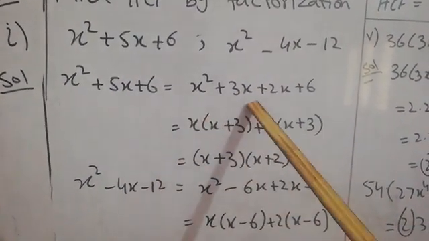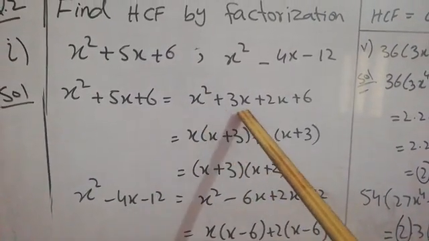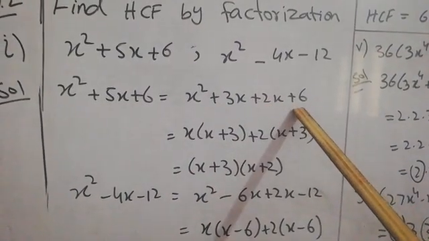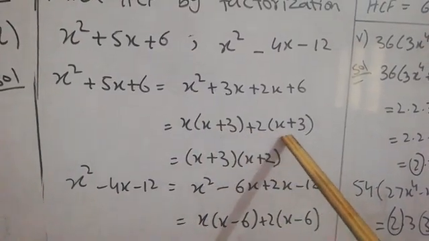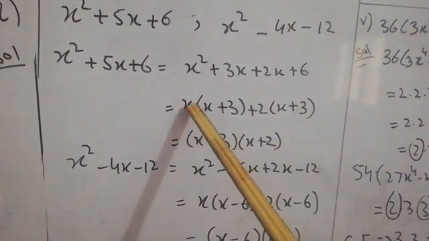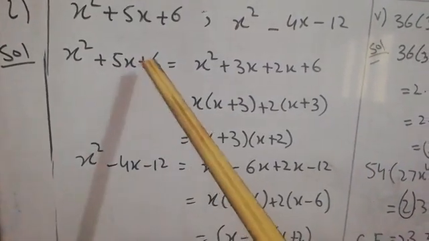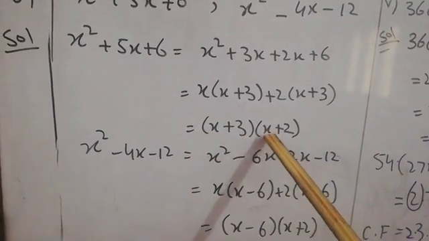Now we will take x common from the first two values, and 2 common from the last two values, and we will get x(x + 3) + 2(x + 3). x + 3 is common and the remaining value is x + 2. So the possible factors of x² + 5x + 6 are (x + 3)(x + 2).